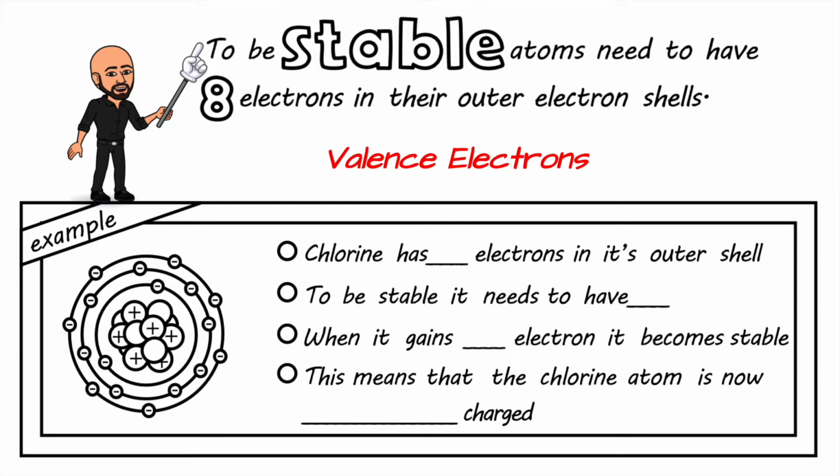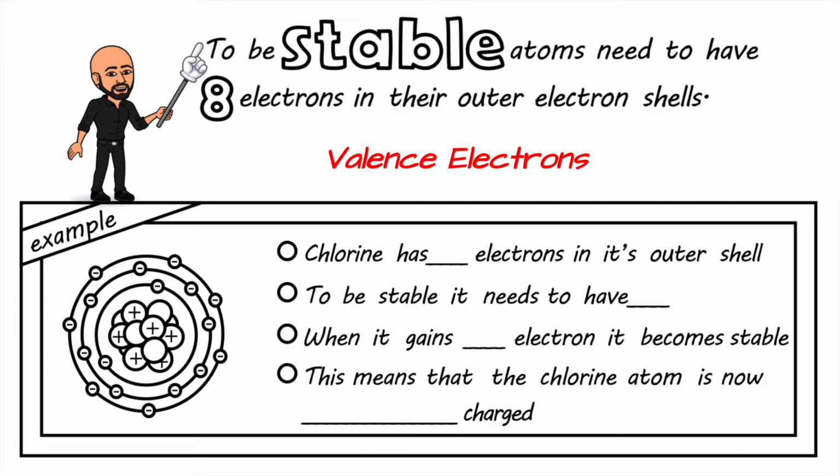Chlorine is our example. And this is another time where if you're playing the home version of our game, you might want to hit the pause button, because I want you to find chlorine on your periodic table. Because that first line, it says chlorine has blank electrons in its outer shell. So the first thing you want to do is take a look at chlorine on your periodic table, find the atomic number.